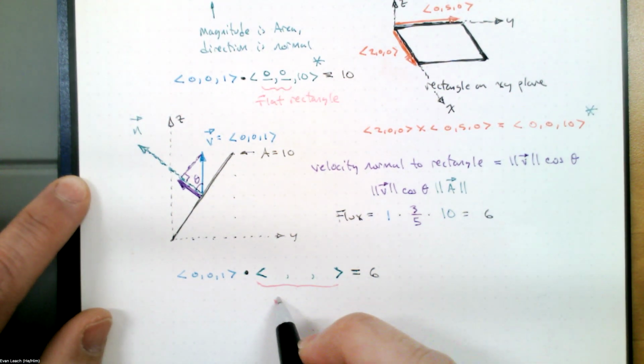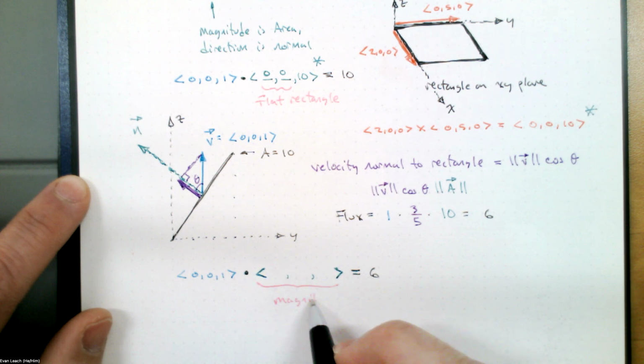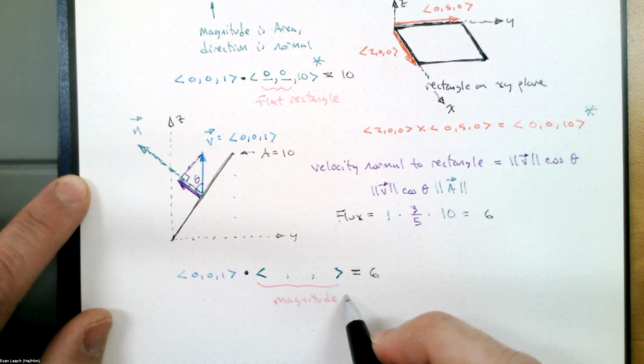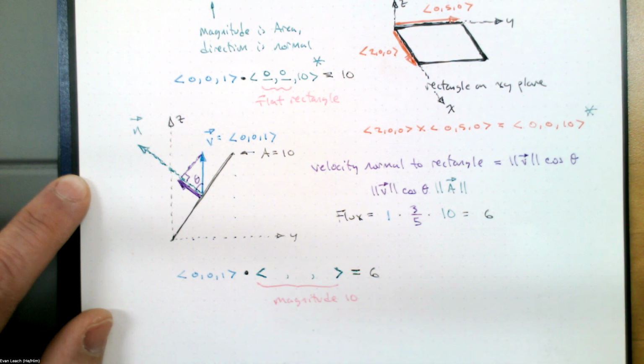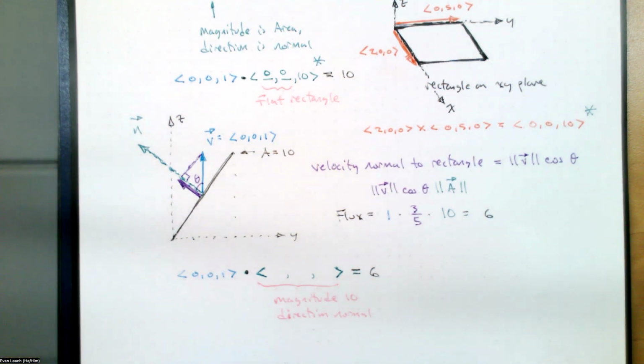The magnitude has to be 10, and the direction needs to be normal. 0, 0, 10 would have given us a 10. That's when the angle between them is 0. So we got to think about that.